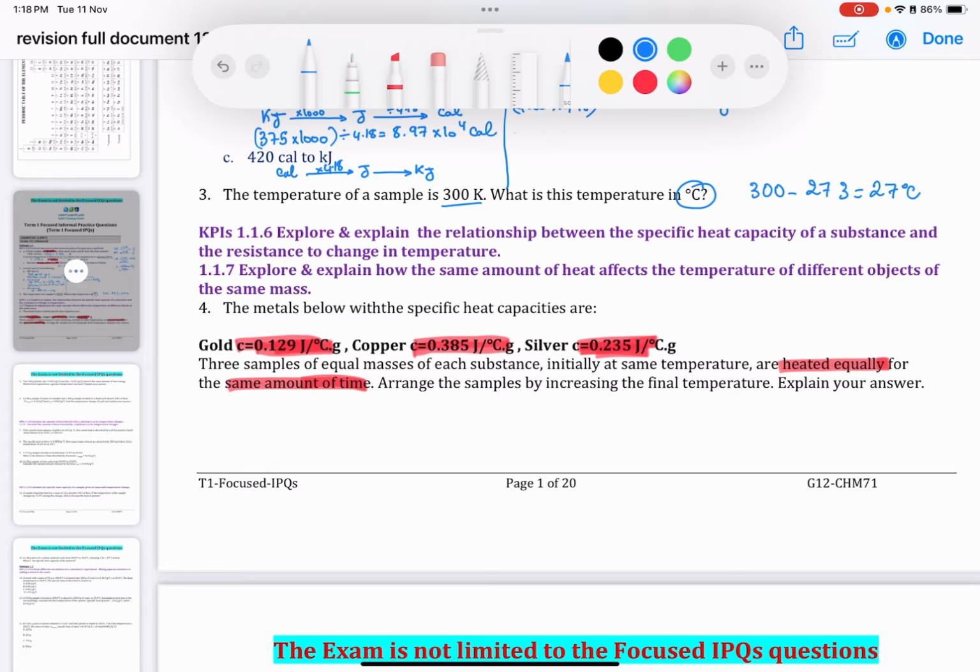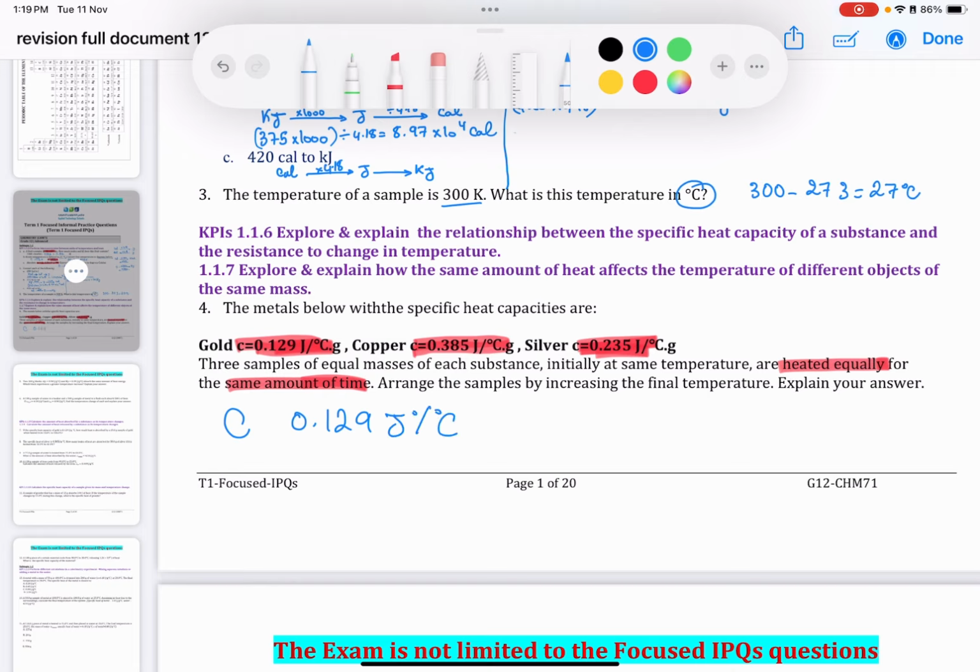You have to know that the specific heat capacity, C, is the amount of heat needed to increase the temperature of a substance. So for example, if I look at gold, gold has a 0.129 specific heat capacity.